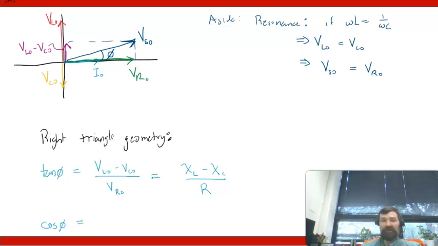The cosine should be the adjacent divided by the hypotenuse, and this hypotenuse, VS0, is I naught times the impedance Z. So what we'd be looking at for the cosine of the phase angle is the voltage across the resistor divided by the output voltage, which in turn is just the resistance divided by the total impedance of our system.